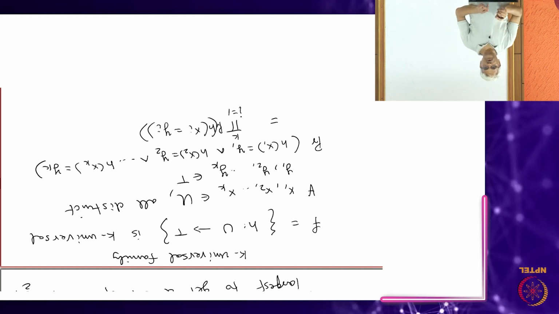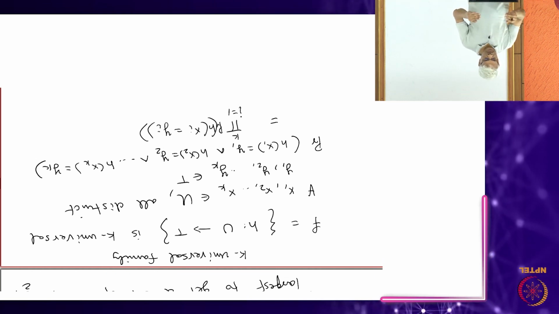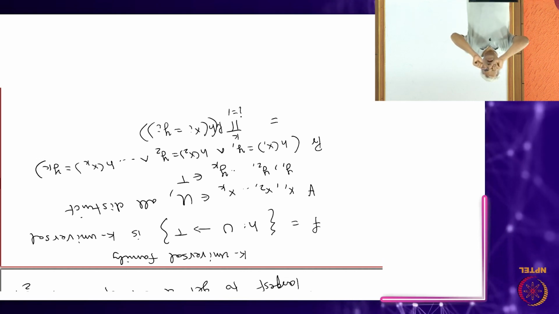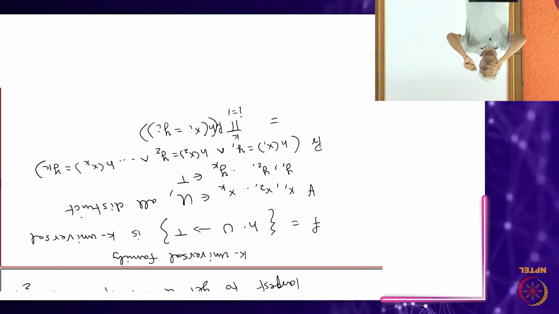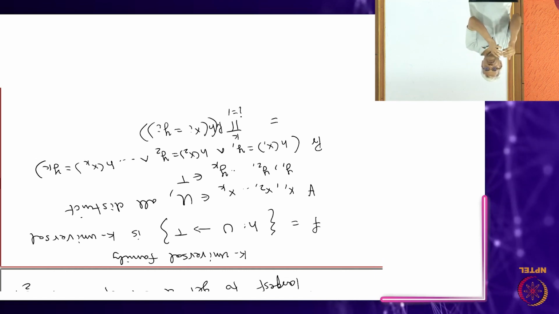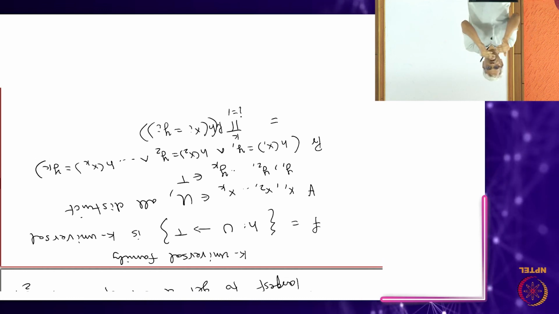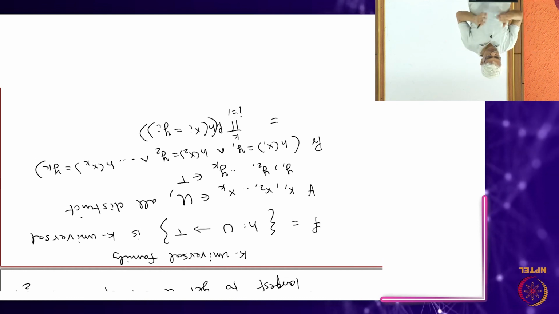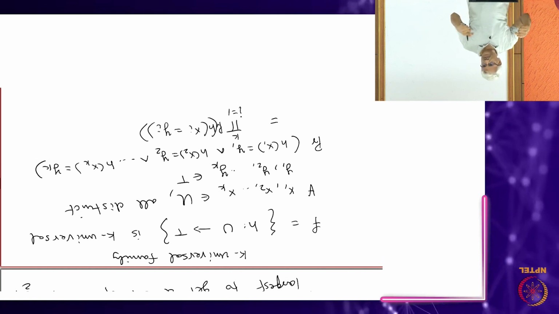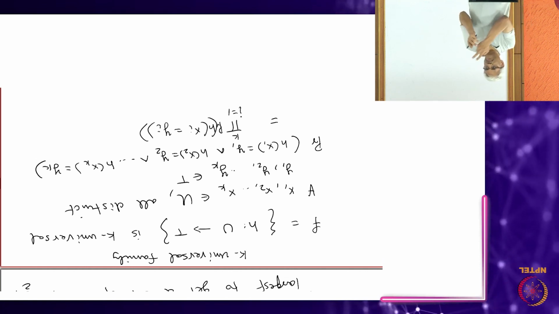I did not define 2-universal this way, but you could also define it this way. Maybe that's something for the tutorial to check: an equivalent definition of 2-universal would be that if you pick any pair x, y and a, b, the probability that h of x equals a and h of y equals b is equal to the product of the individual probabilities. So this is equivalent to k-wise independence, like pairwise independence.